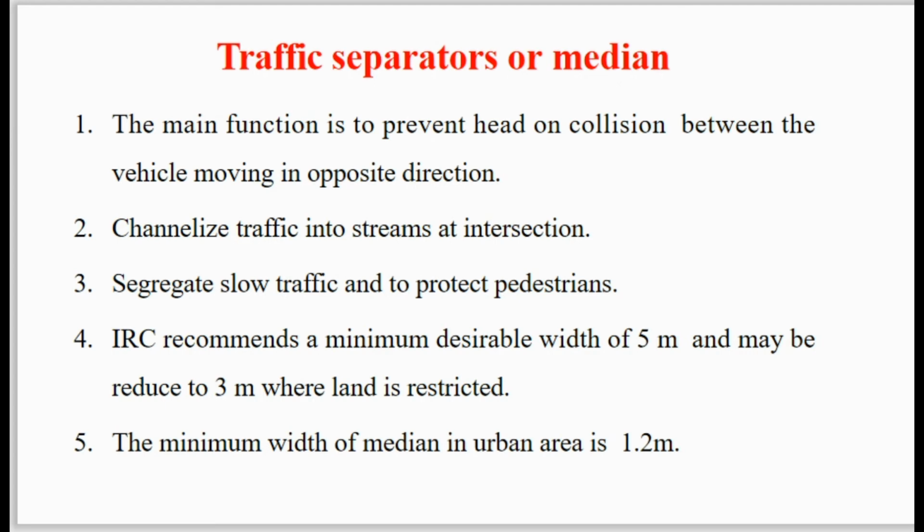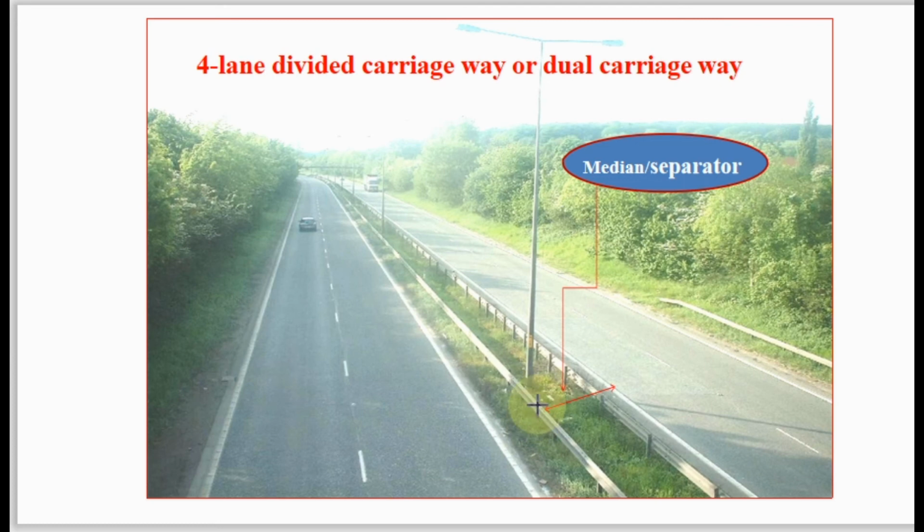The Indian Roads Congress recommends a minimum desirable width of 5 meters, which may be reduced up to 3 meters where the land is restricted. The minimum width of the median in the urban area is 1.2 meters. So these are the medians or the separators, which you commonly call dividers. Here we have a picture of a 4-lane divided carriageway or a dual carriageway.